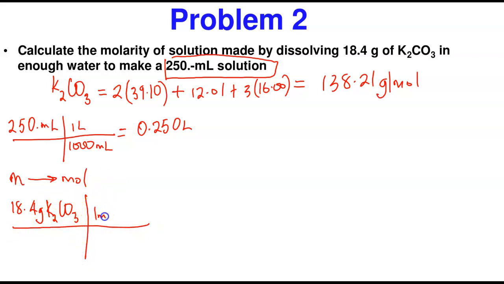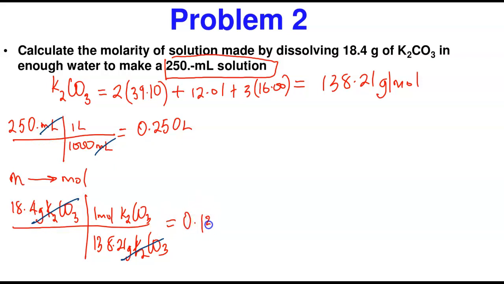Of course, 1 mole of K2CO3 has a molar mass of 138.21 grams of K2CO3. If you cancel out everything here, you only have the unit you need, and the answer here is going to be 0.133 mole.